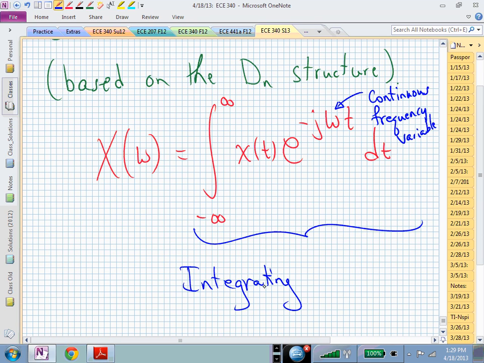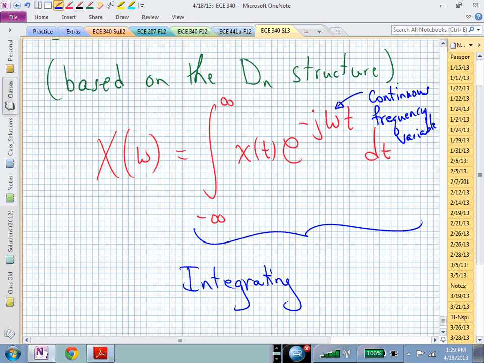What are we integrating with respect to? Time. So we're looking at all time. We're looking at the entire time history of x of t. And if we can see all of x of t for all time, we could then figure out what frequencies are in it.